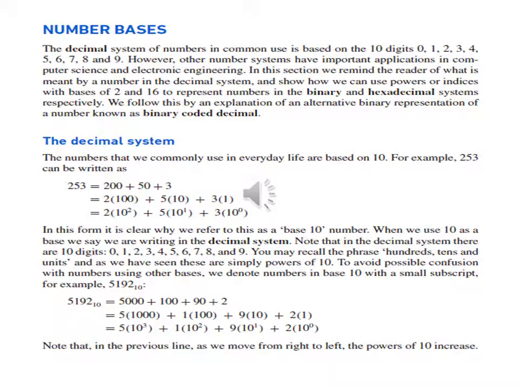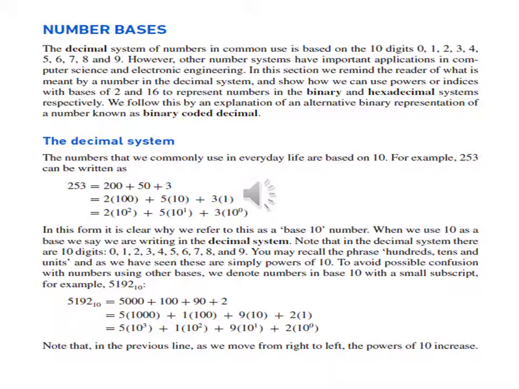Number bases. The decimal system of numbers in common use is based on the 10 digits 0, 1, 2, 3, 4, 5, 6, 7, 8 and 9. However, other number systems have important applications in computer science and electronic engineering.